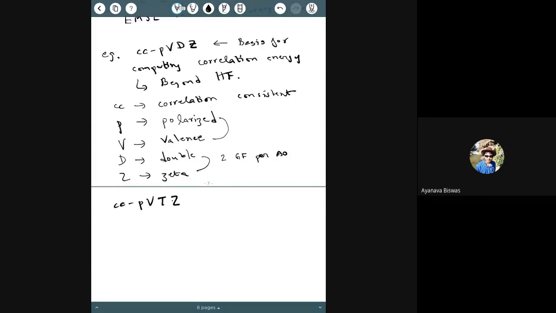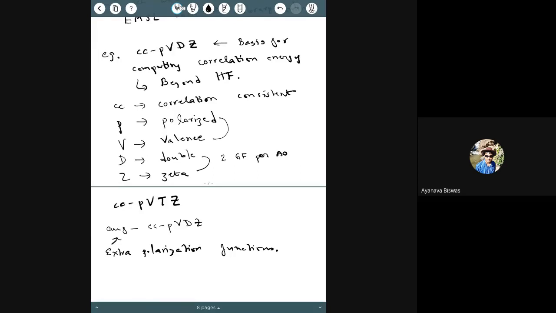You can have an augmented cc-pVDZ, for example, and this augmented means that you now have extra polarization functions, which means that it's not only the occupied atomic orbitals which have a basis function.